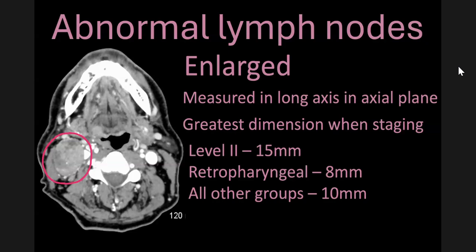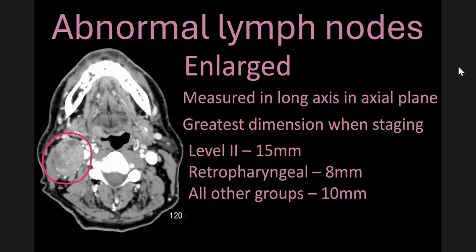So I'm going to talk about the size criteria that we use for dividing lymph nodes into N1, N2, and N3. In that case, we are measuring the lymph nodes in their greatest dimension, not in the long axis in the axial plane. So keep that in mind when we are talking about the size criteria of cervical lymphadenopathy.